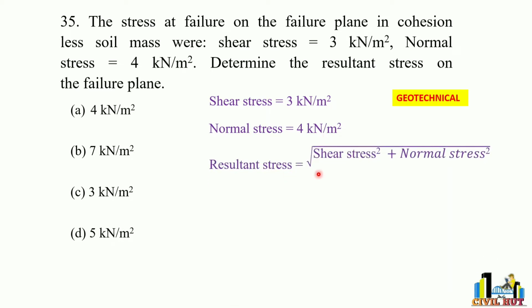Resultant stress is the square root of shear stress square plus normal stress square. So we get the square root of 3 square plus 4 square, equal to 5 kilonewton per meter square. Our option is D, 5 kilonewton per meter square. The resultant stress on the failure plane is 5 kilonewton per meter square.